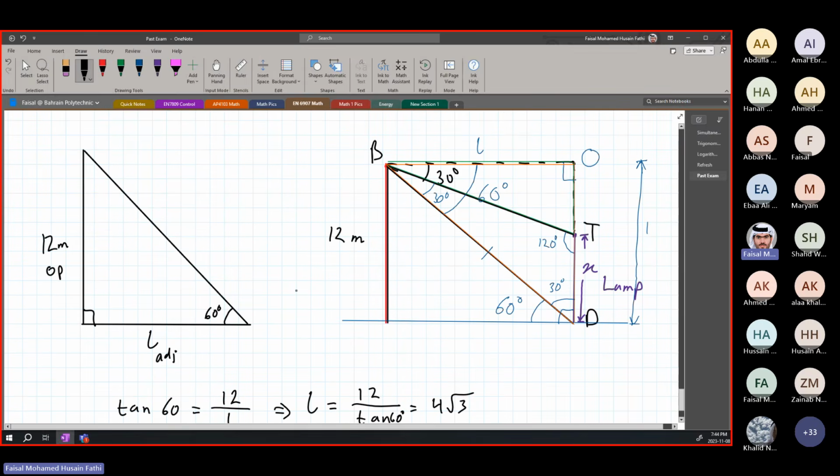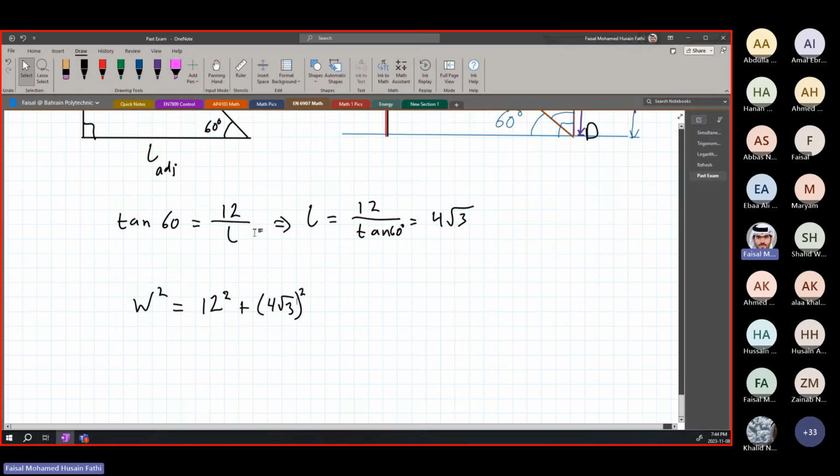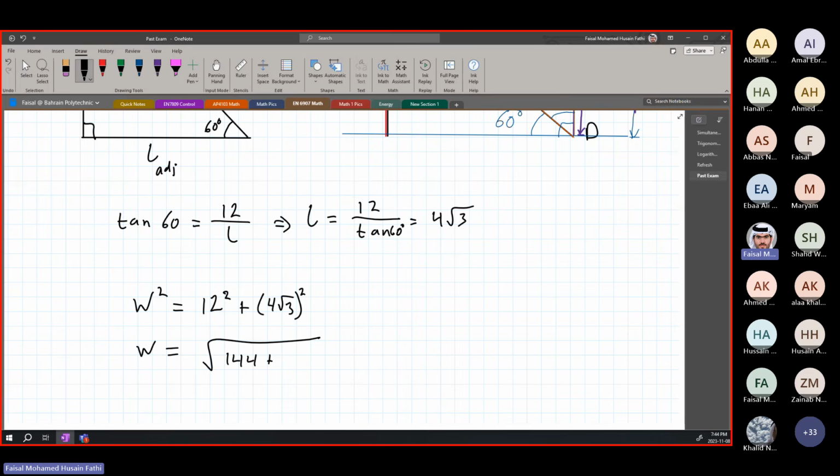We ran out of letters. Let's call this, I don't know, y, no we said y, t, x, w. Let's call it w. So w squared is equal to 12 squared plus 4 square root 3 squared. a squared plus b squared equals c squared, Pythagoras, to find the w. So w is equal to the square root of 144 plus 48, since 4 squared times 3 is 48, yes.